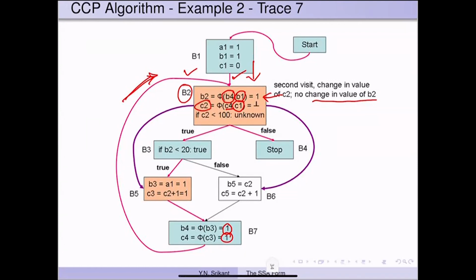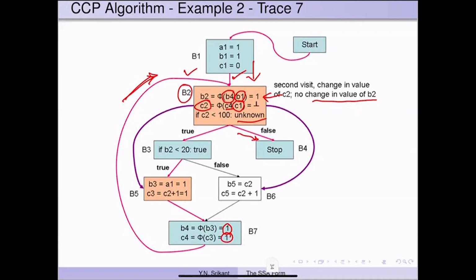It is not a constant anymore. Once C2 is not a constant, now we cannot say it is true all the time. It may be true or it may be false, and therefore we are forced to go along this direction also, take that edge also into consideration.